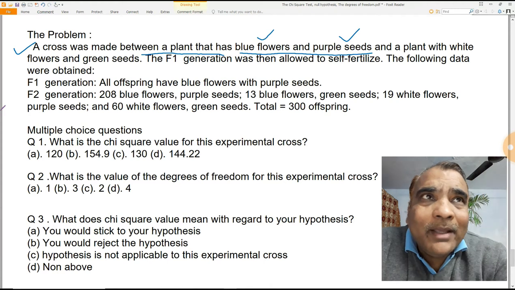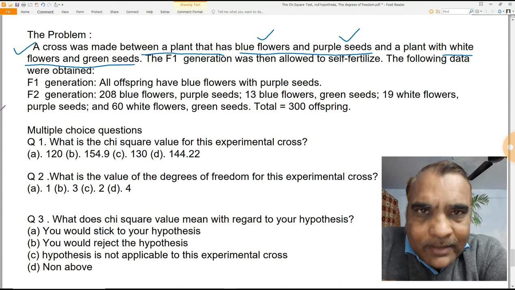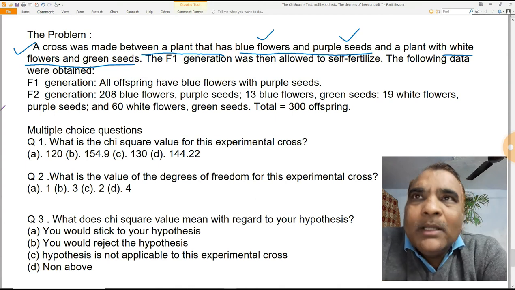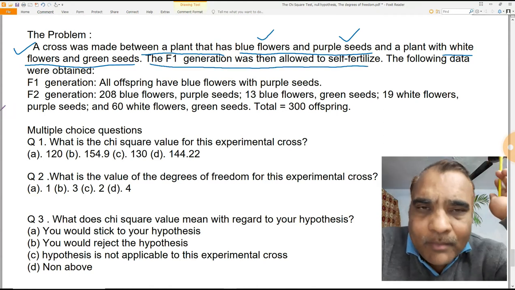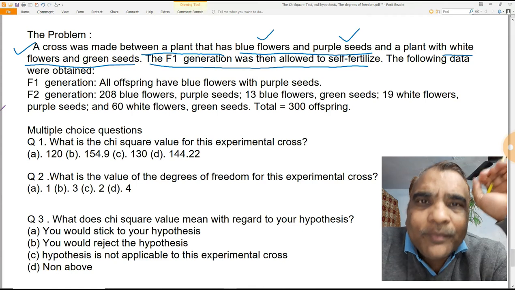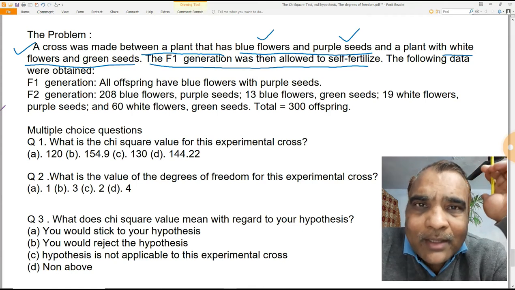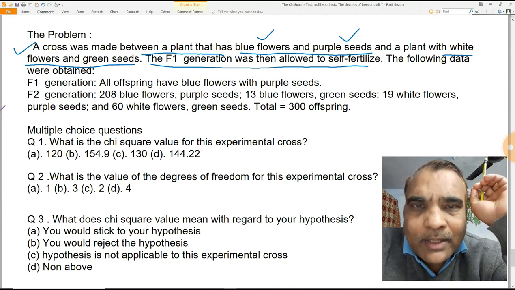Another parent plant is producing white flower and green seed. Then by this parental cross, F1 plants are produced, and then we allow the F1 by F1 cross, so we are getting the F2 generation plants.